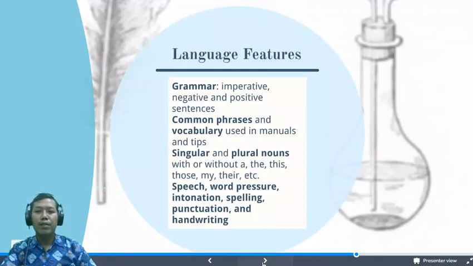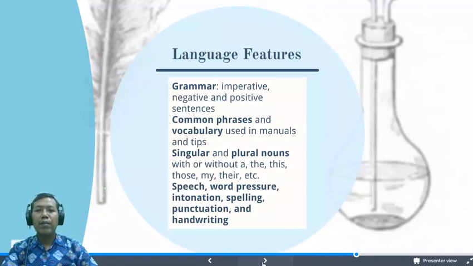Second is common phrases and vocabulary used in manuals and tips. Here, you have to know about phrases. There are noun phrases, adjective phrases, and verb phrases.